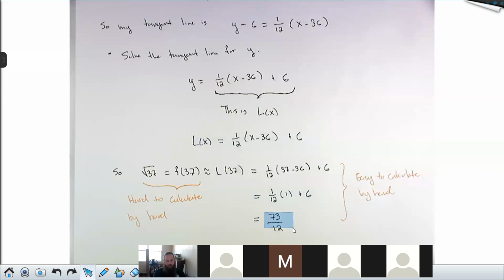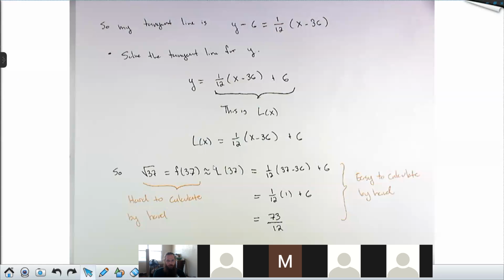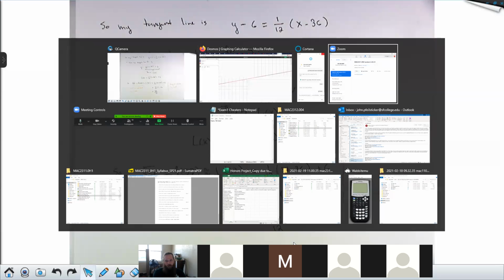That gave me this without ever using a calculator. We used the calculator at the end there to just verify that this is indeed very, very close to what the actual value is. This is like 6.0827, and this is like 6.082 or whatever it was, you know, they're exceptionally close.